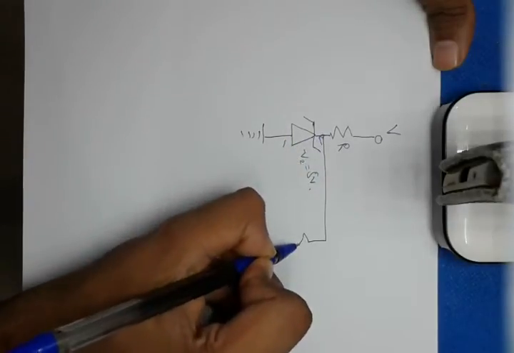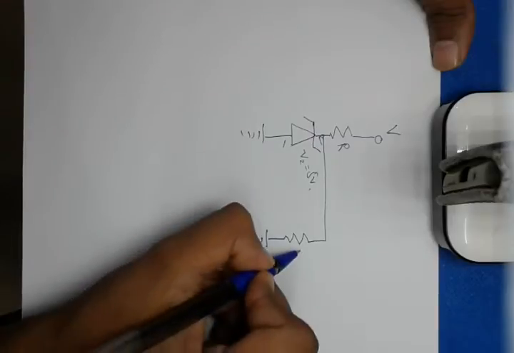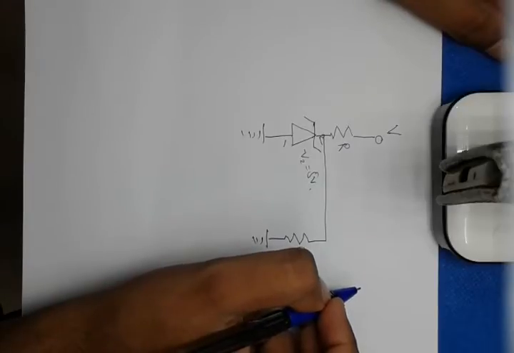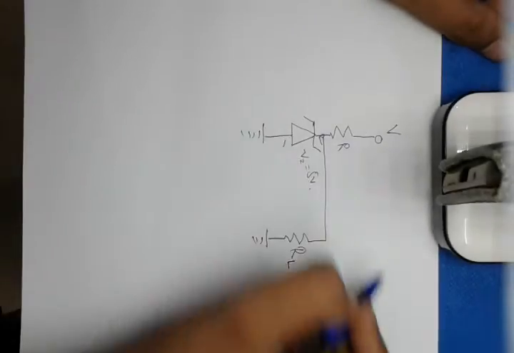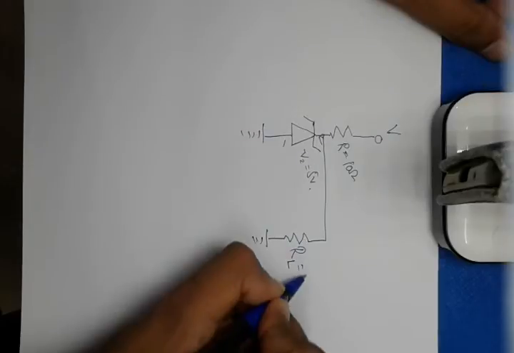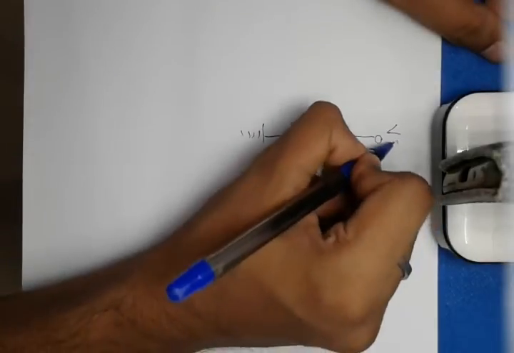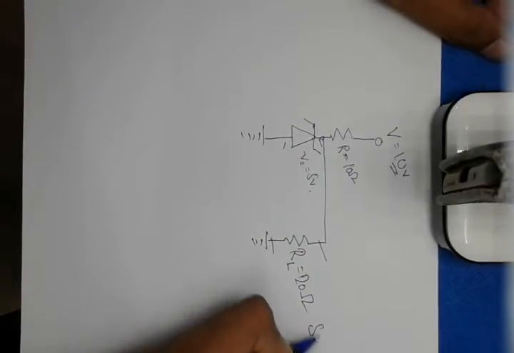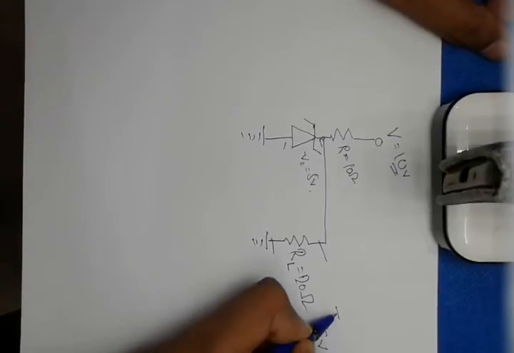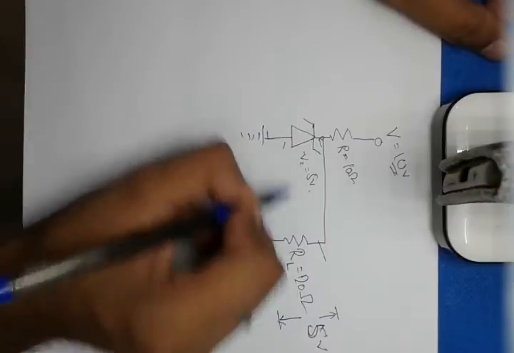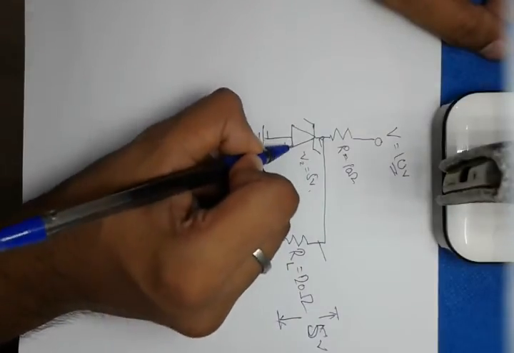If we take a load in parallel with Vz, with R equal to 10 ohm and RL equal to 20 ohm, and V equal to 10 volts, then across the load it will always be 5 volts, because the load is in parallel to the diode.